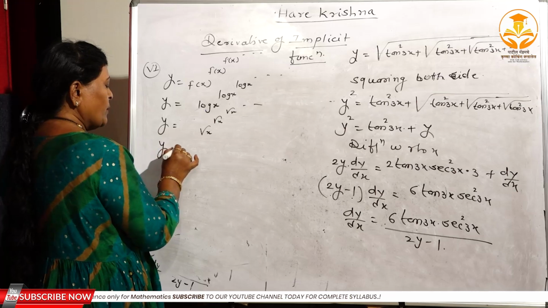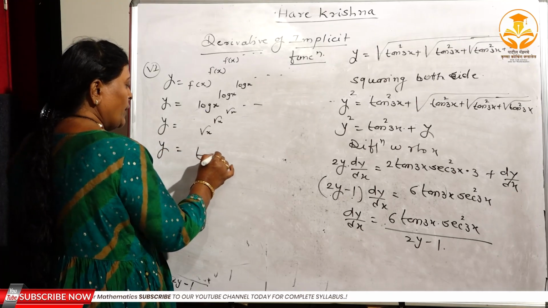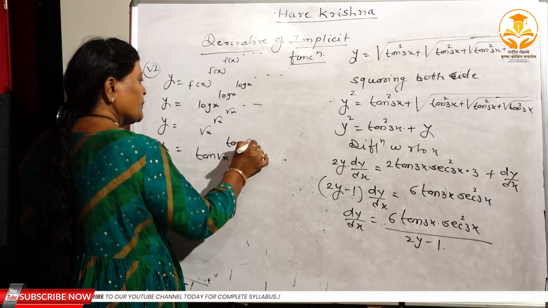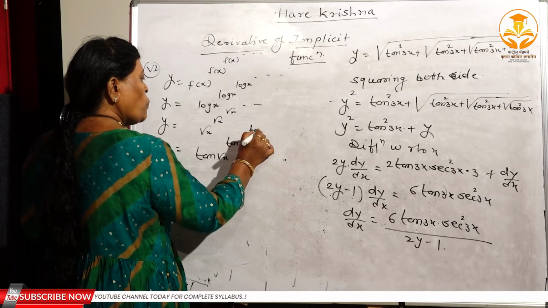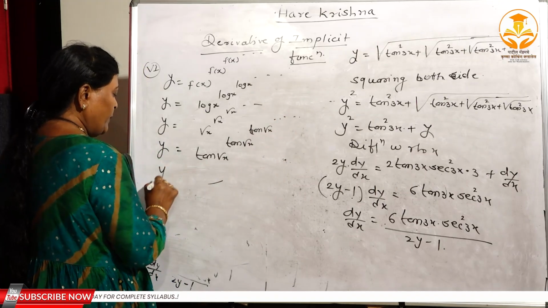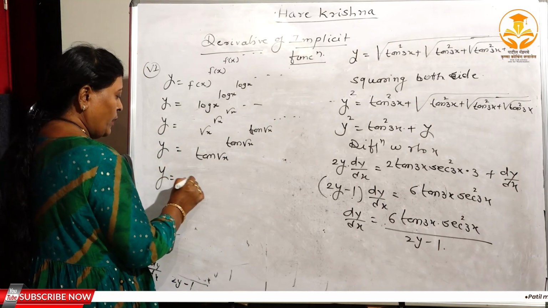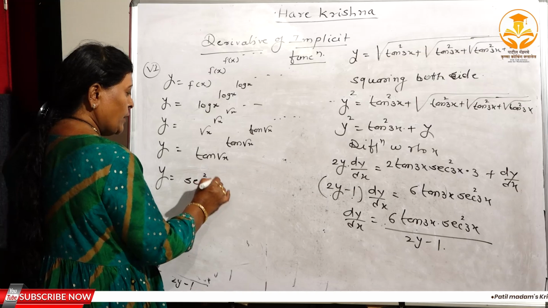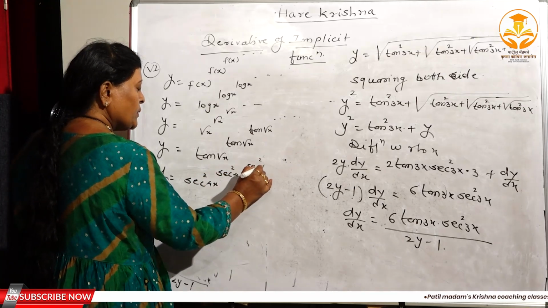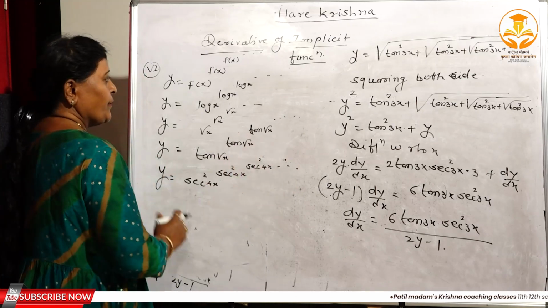Again y is equal to tan root x tan root x tan root x, and infinite again. Or sec square 4x sec square 4x sec square 4x, and so on, right?